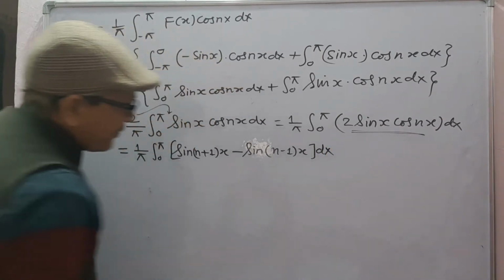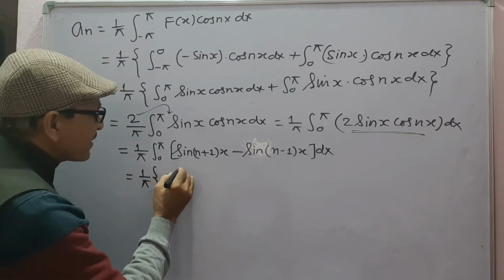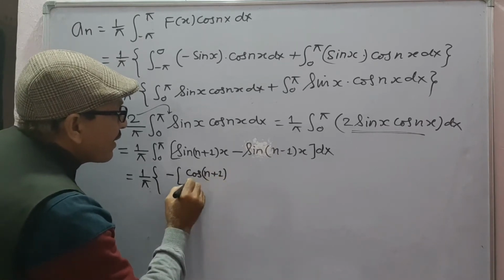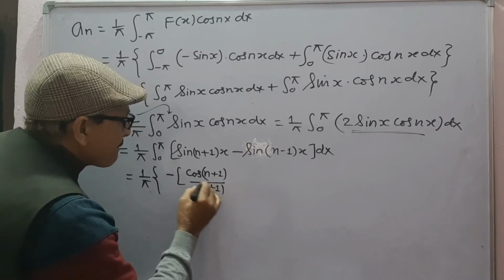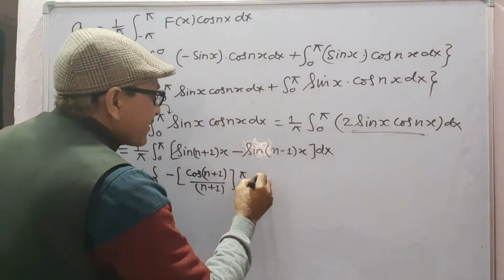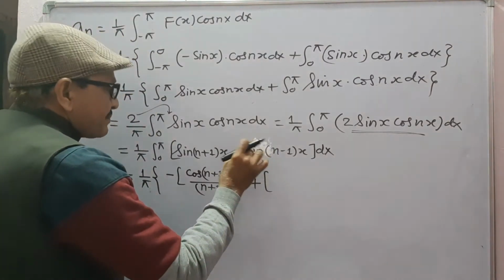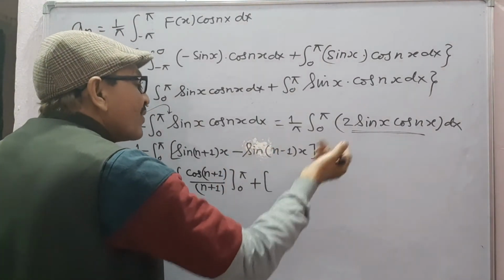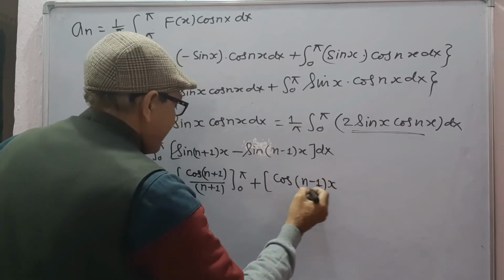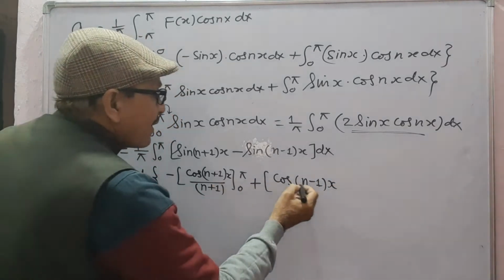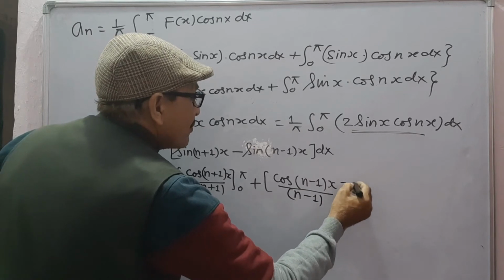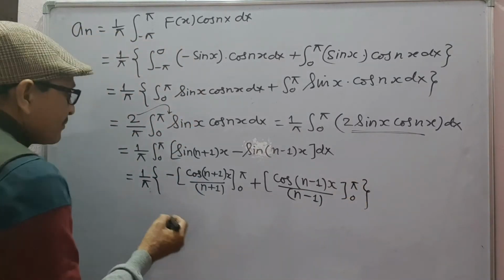This will be equal to minus cos (n plus 1)x upon n plus 1 from 0 to pi, plus the integral of minus sin (n minus 1)x, which will be cos (n minus 1)x upon n minus 1 from 0 to pi.